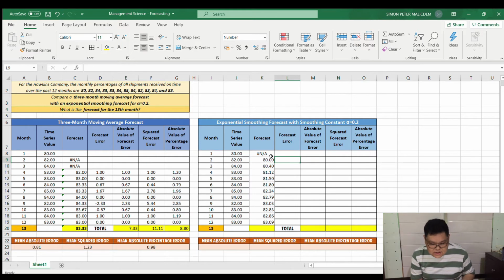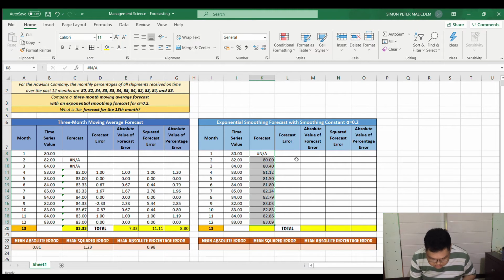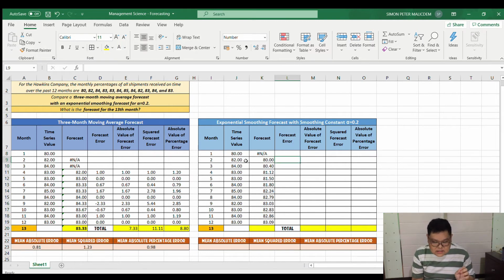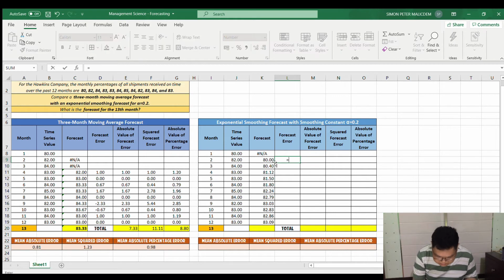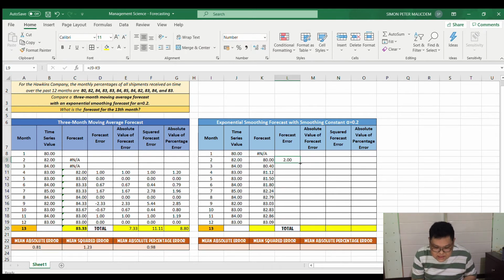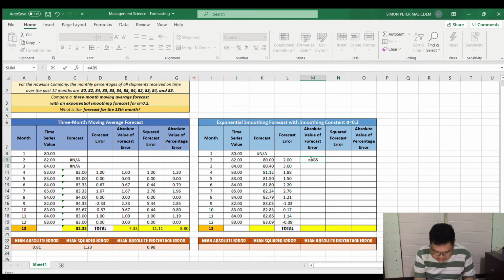For the forecast error, subtract 82 and 80. Drag the corner to the 12th month. And there we have it. Absolute value of forecast error equals ABS, open parenthesis, 2, close.